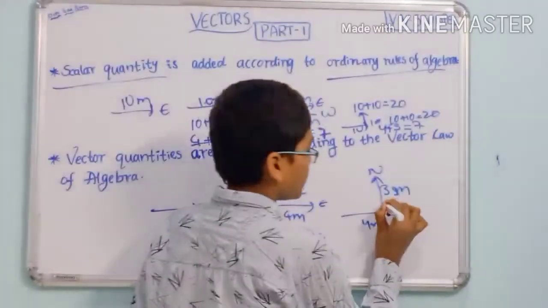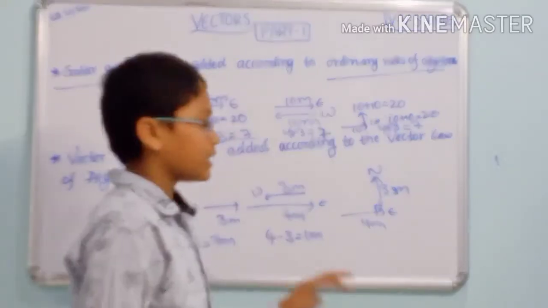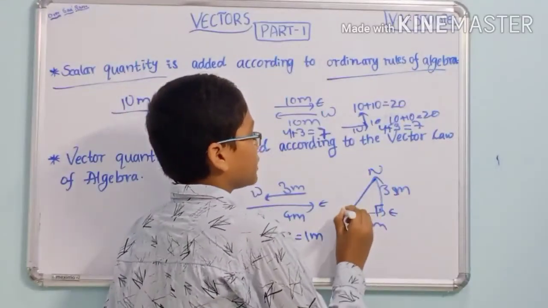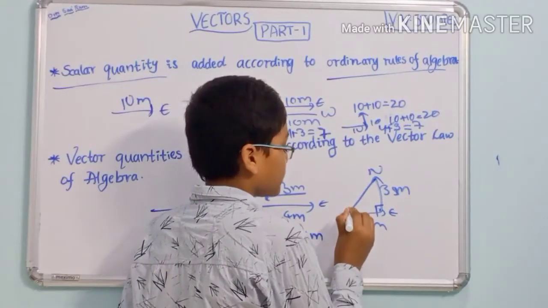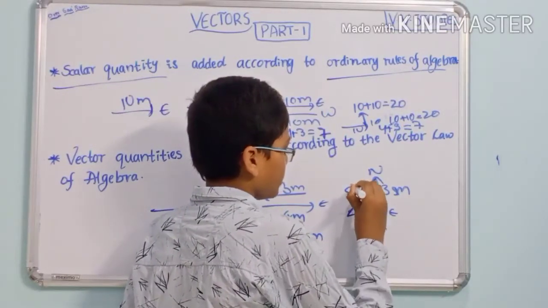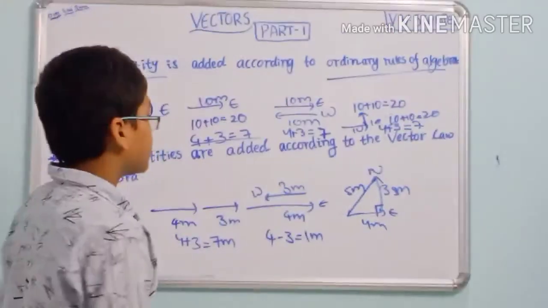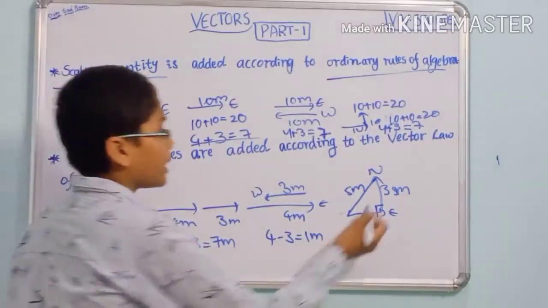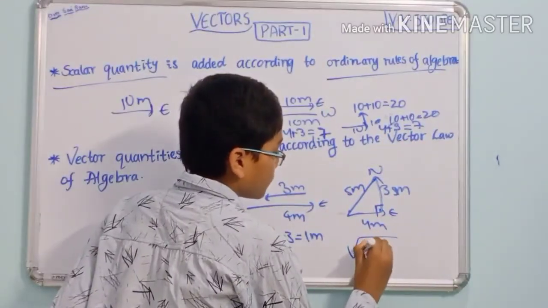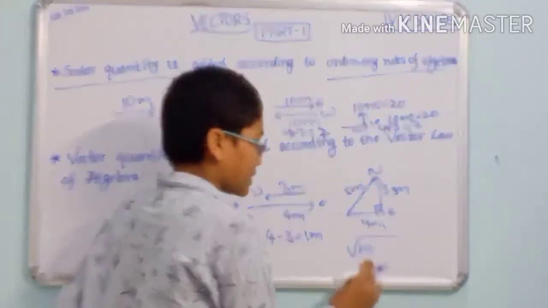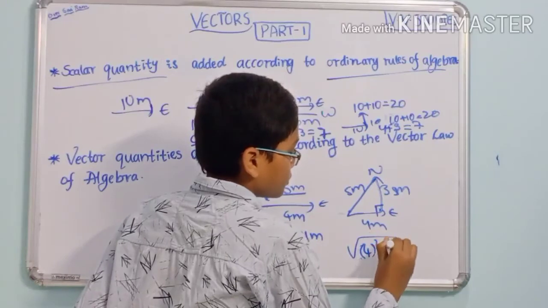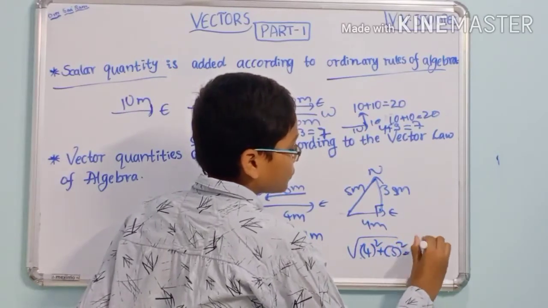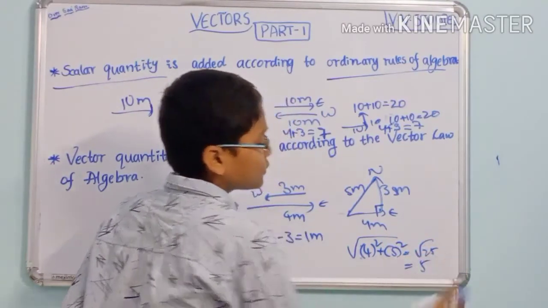The angle between east and north is 90 degrees. Now by Pythagoras theorem, the displacement S is root over 4 square plus 3 square, that is root over 25, that is 5.